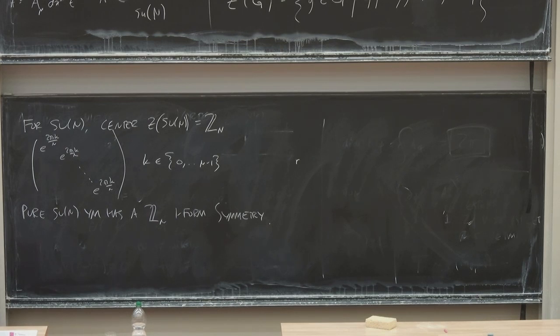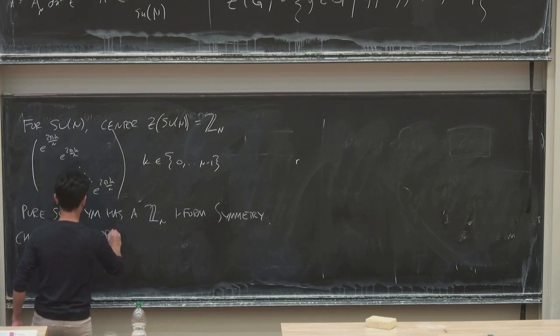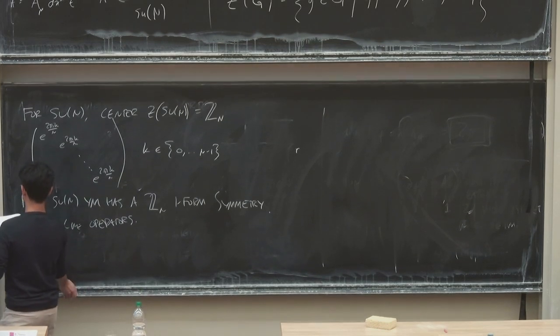So the last formula that I'm going to write down tells you what the charged line operators are. And everyone knows what they are already. They are Wilson lines.